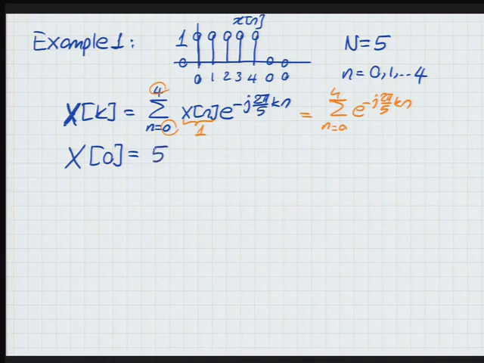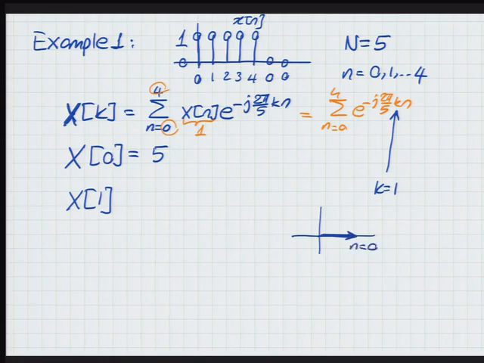What about X of 1? Now, each one is a complex number. So we fix k to be 1, and we're looking at these numbers, e^(-j2π/5 n). For n equal to 0, that number is just 1, but I'm going to draw it in the complex plane. For n equal to 0, it looks like this.